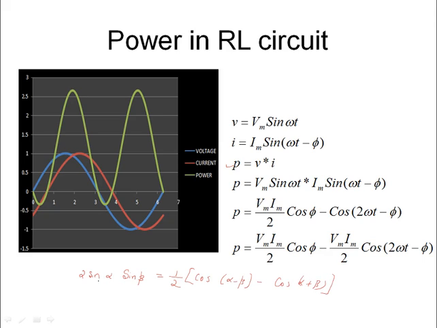So here we have sin omega t into sin (omega t minus phi). This is my alpha, this would be my beta. So what is alpha minus beta? I'll get cos phi, and minus cos alpha plus beta, which is cos (2 omega t minus phi).